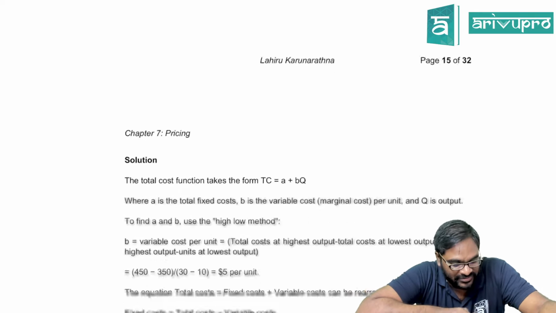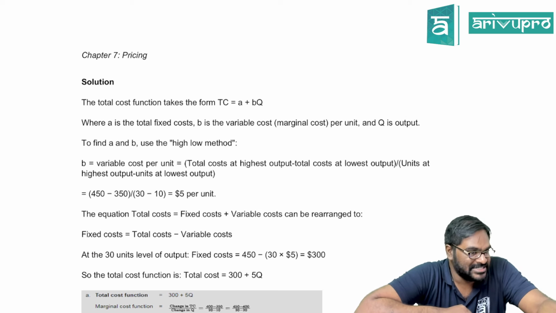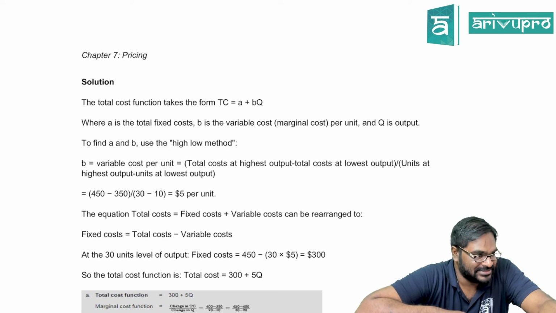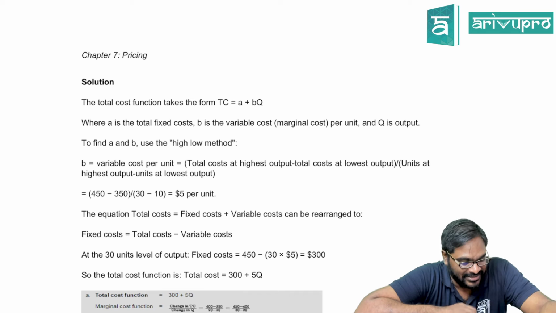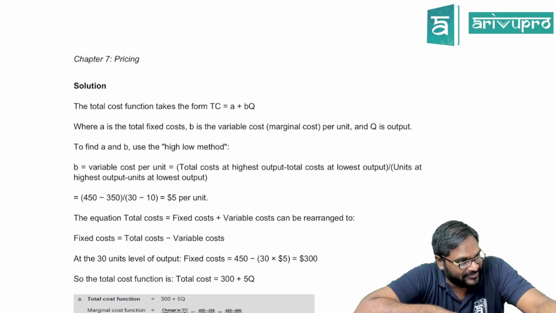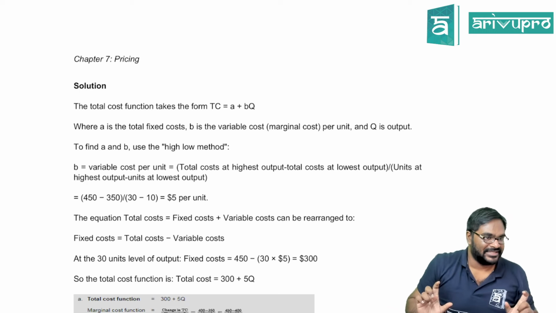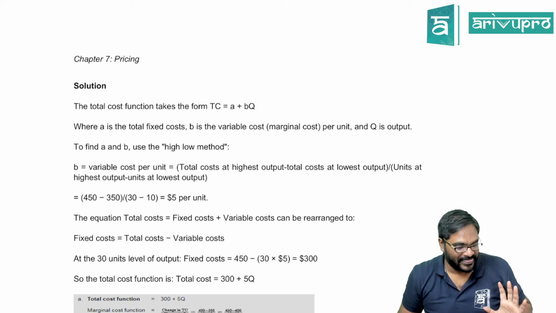So our formula is TC equals A plus BQ, right? That's our formula. And here A is the total fixed cost, the overall fixed cost, because our total cost is fixed cost plus the variable cost, right? A is fixed cost.